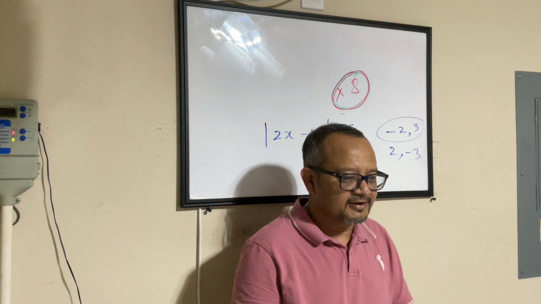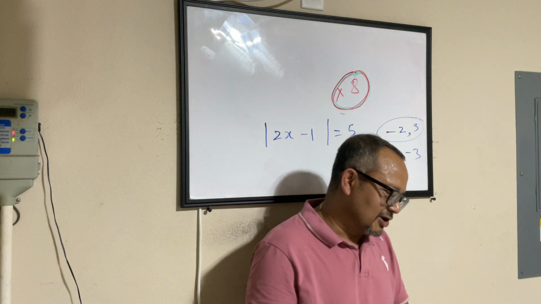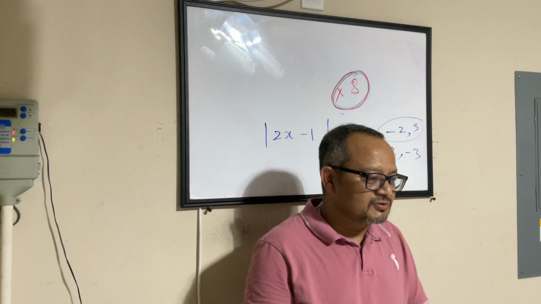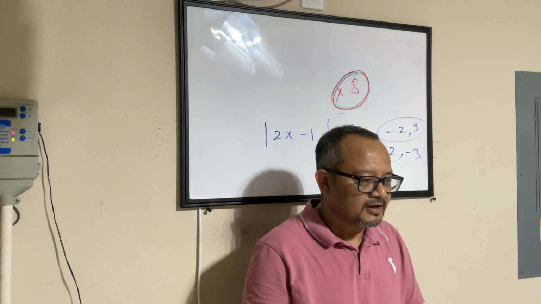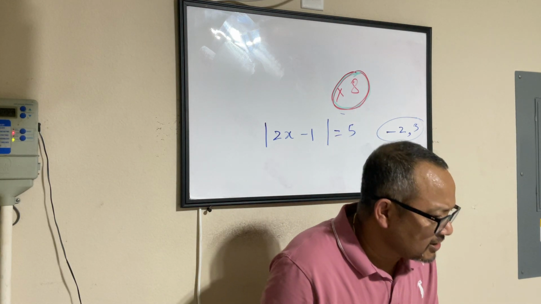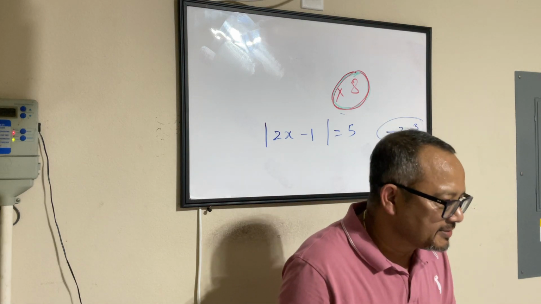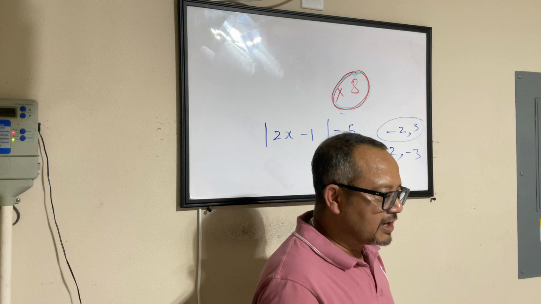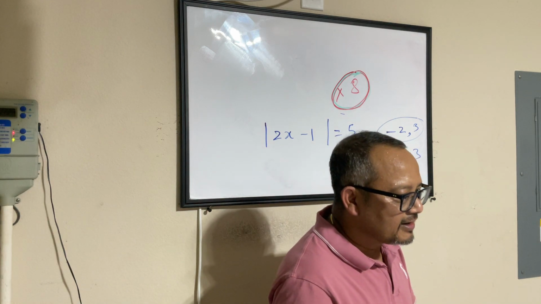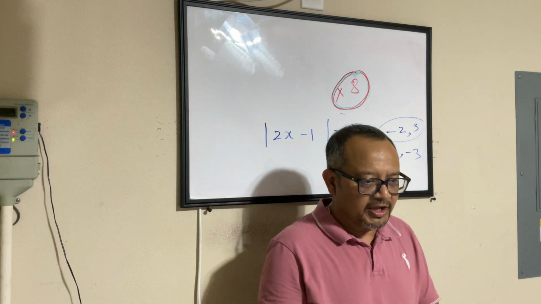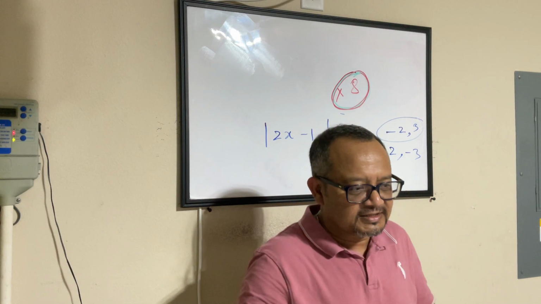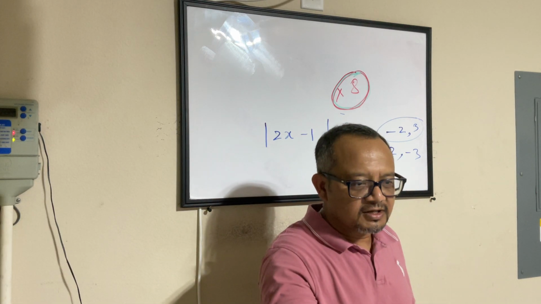This is becoming more like an election where only one candidate wins. Let's see. What is your answer, Dhamishri? -2 and 3. Okay. Praneet, you told the answer, right? -2 and 3. Okay. Anybody who has not been able to get to the answer?